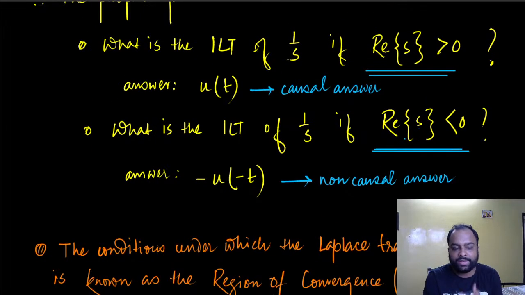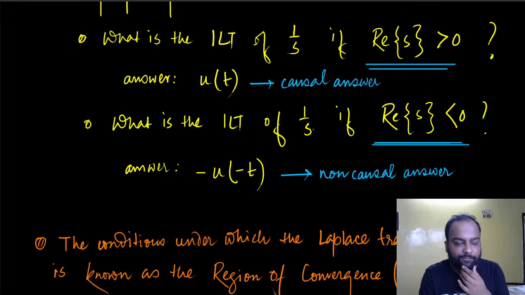So depending on the region of convergence, the same Laplace transform can have different inverse Laplace transforms, depending on whether you are assuming that it came from a causal signal or a non-causal signal. But in control systems, we said in earlier classes that all the signals that I'm going to talk about here are causal signals.